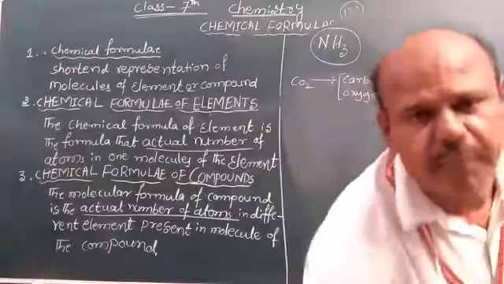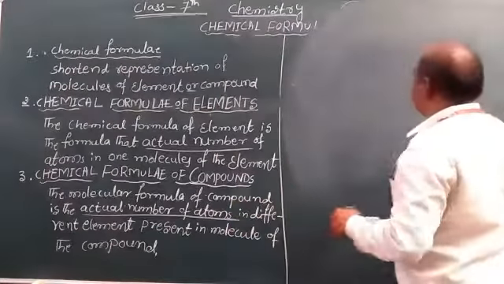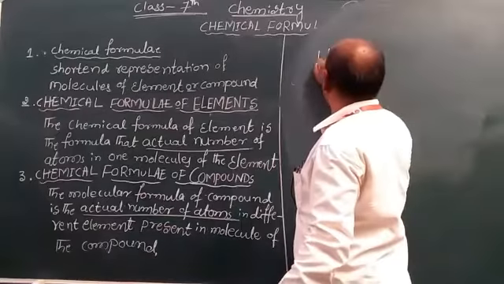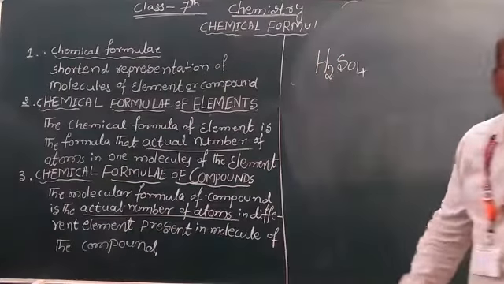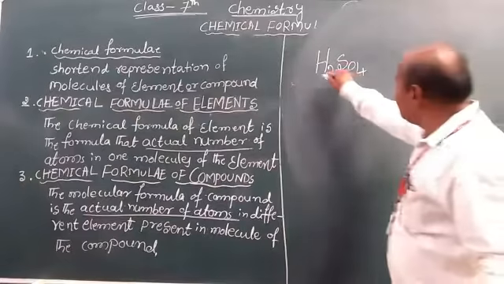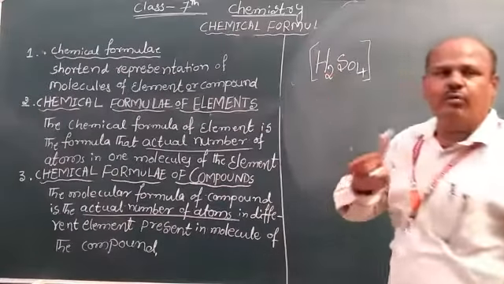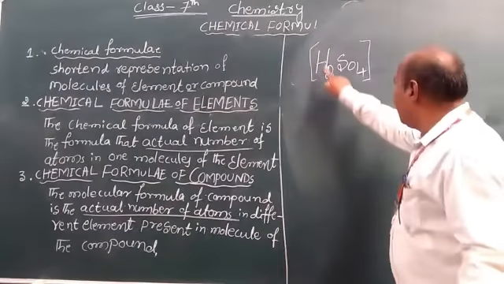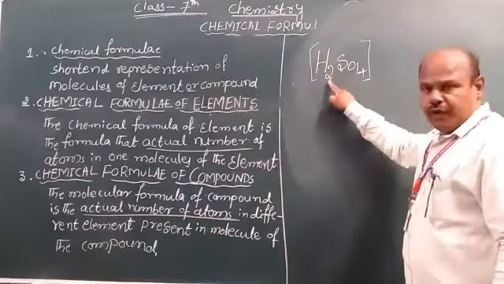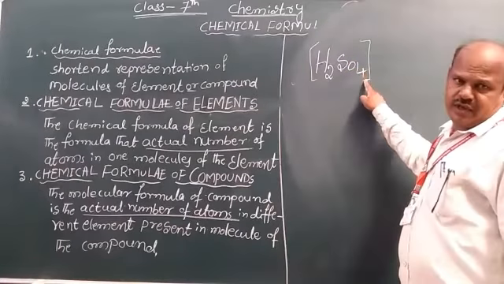Take another example, H2SO4, sulfuric acid. In this H2SO4, it is 1 molecule of sulfuric acid, only 1 molecule. It has 2 atoms of hydrogen, 1 atom of sulfur and 4 atoms of oxygen.